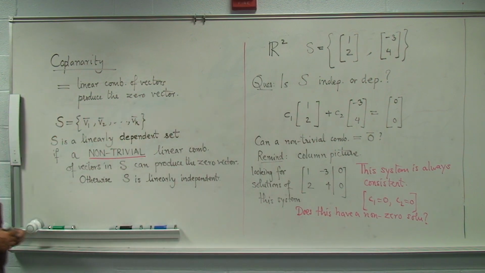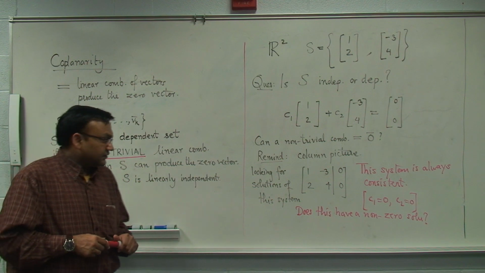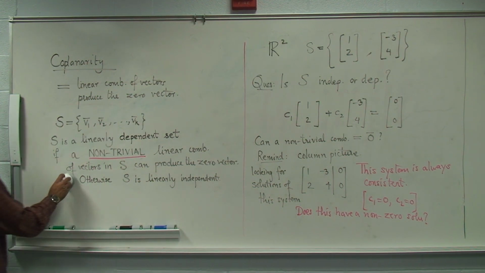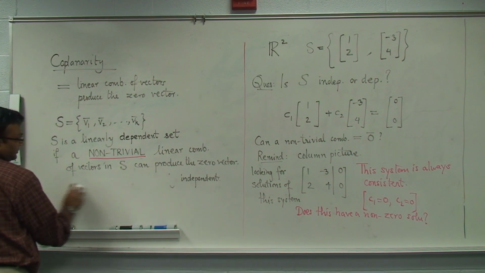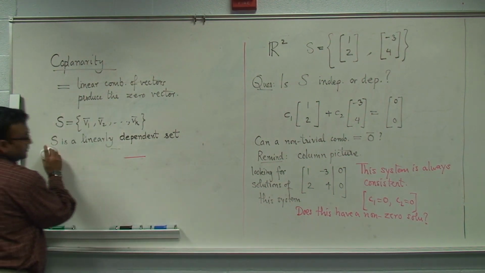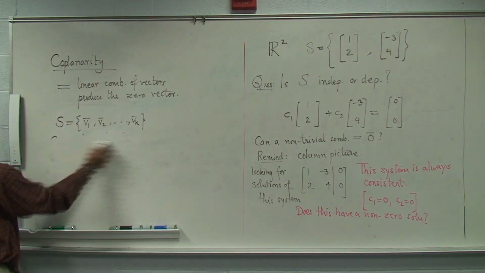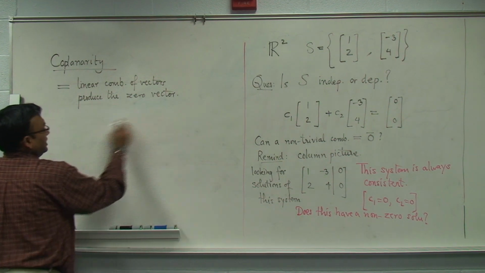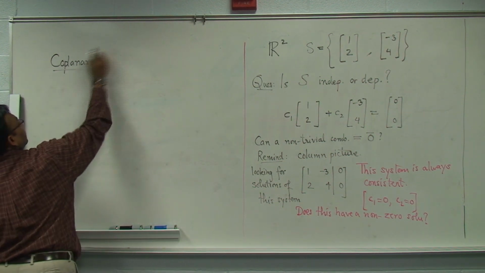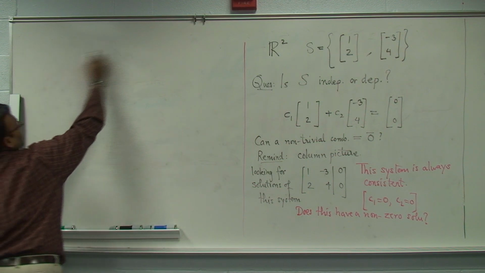Okay. So in some sense, we are looking for whether this has more than one solution or not. From what we have done so far, we know that a linear system will always have either no solution, or exactly one solution, or infinitely many solutions. So in this present case, we already have one solution, and we are looking for whether it has infinitely many or not.